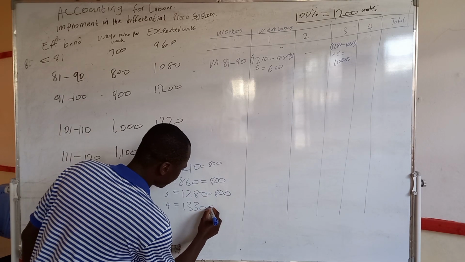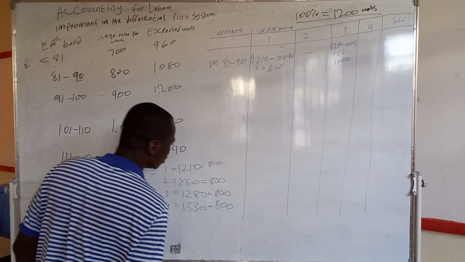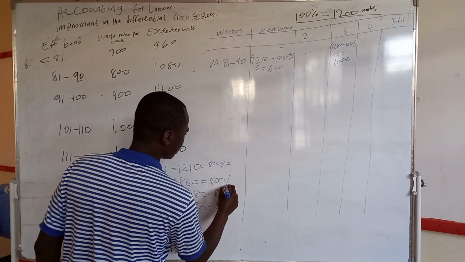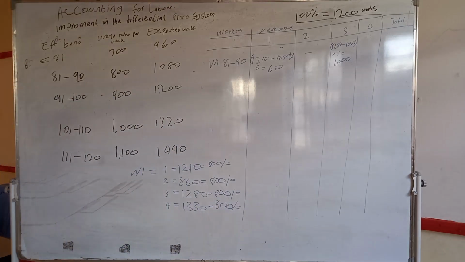So here, the 800 shillings remains. But what about the bonus?